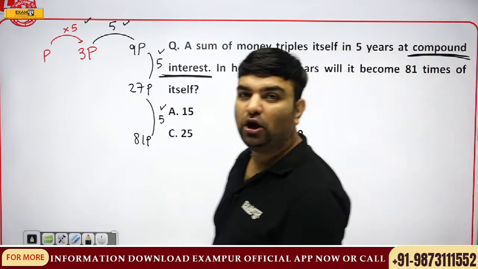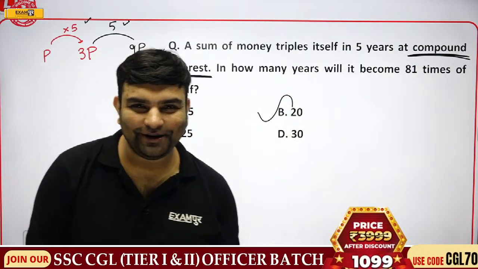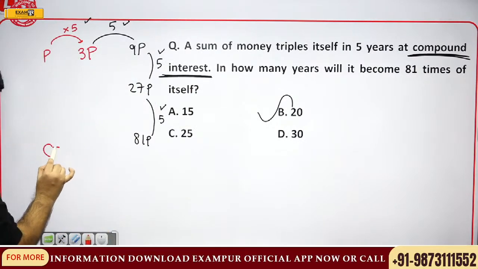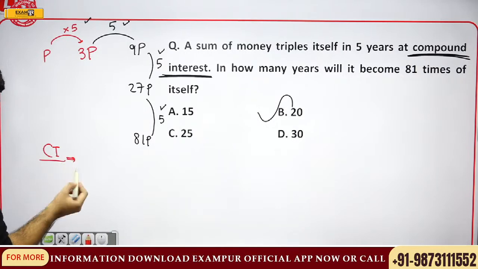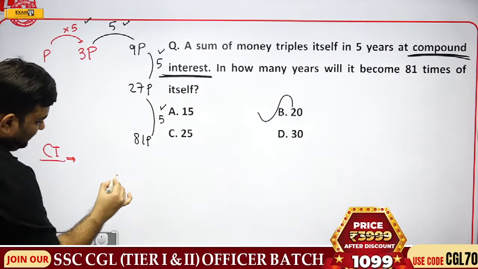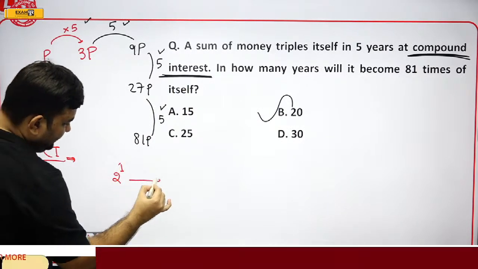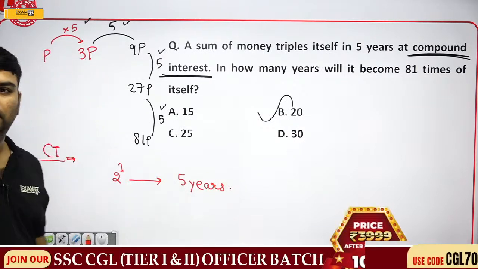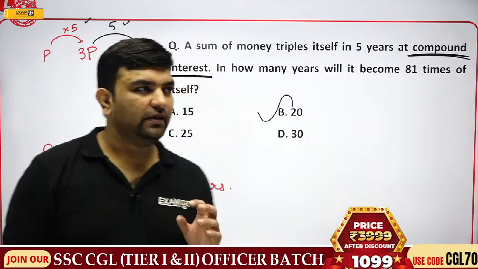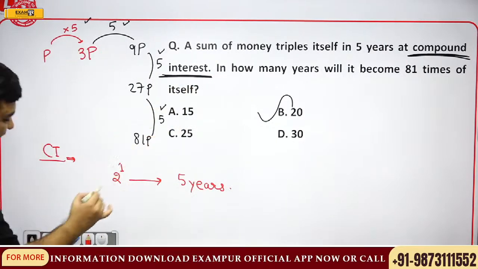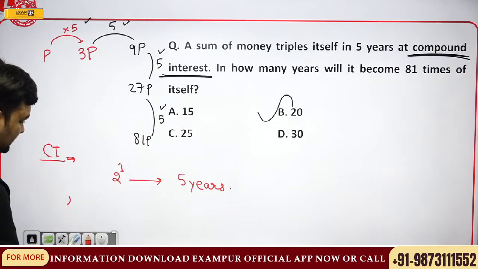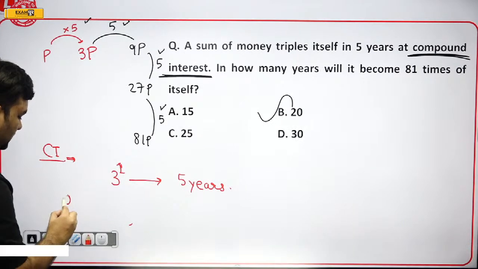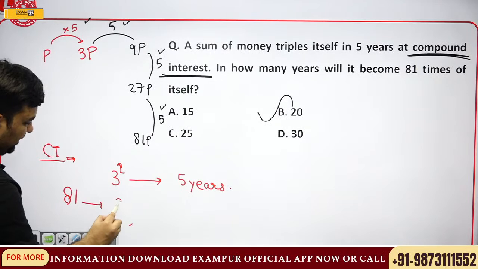Should I explain the origin of it as well, guys? Generally, the compound interest problems we do by powers. Double itself means 2 to the power 1 in 5 years. Sorry, triple itself: 3 to the power 1. 81 times is 3 to the power 4.